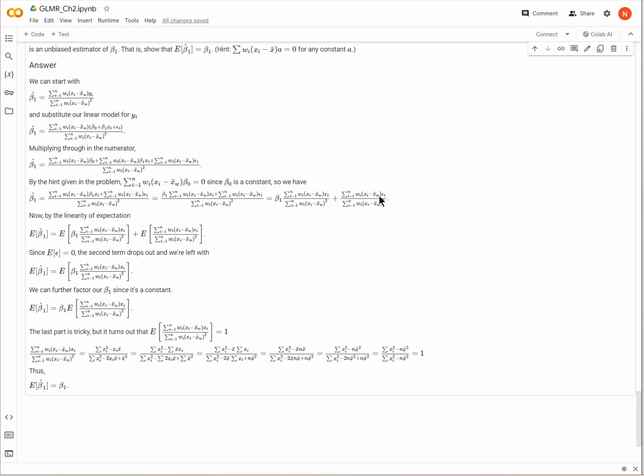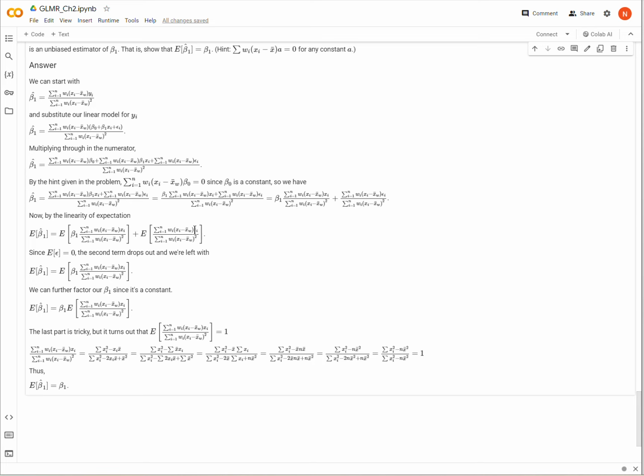Now let's take the expectation of everything. The expectation of beta 1 hat is equal to the expectation of all of this, but by linearity of expectation, it's the expectation of the first part plus the expectation of the second part. The second part drops out because the expected value of epsilon, the error, is 0 in a normal linear model.